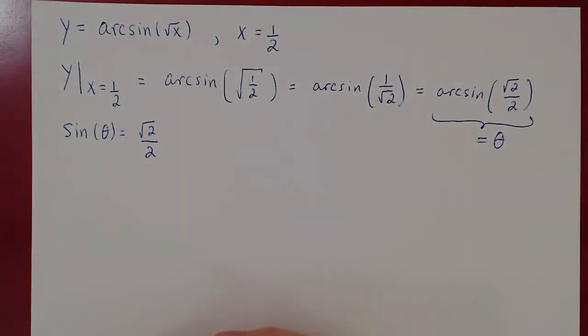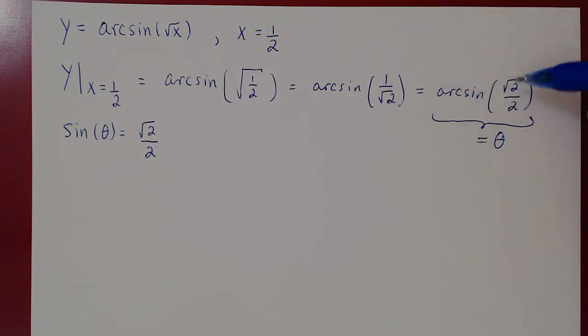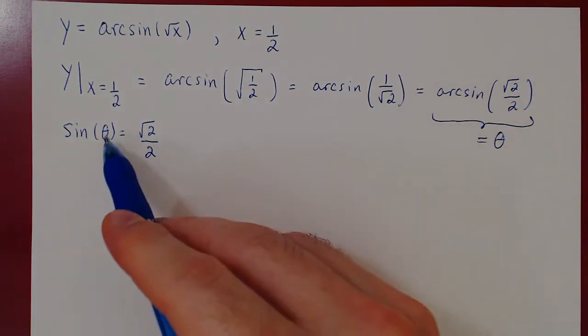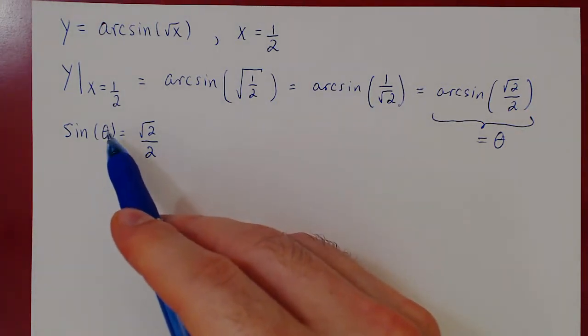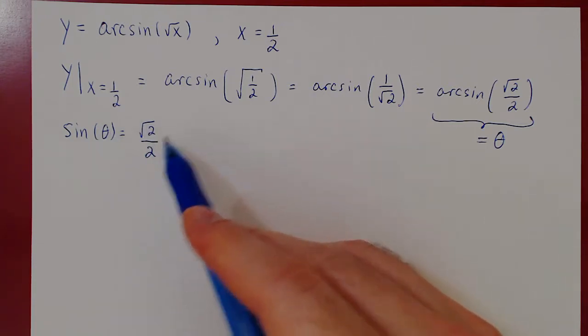And you see now we're asking the same question, but in a slightly different fashion. Here we're saying, what is arc sine of root 2 over 2? We call this theta, and here we're asking, okay, give me an angle, theta, at which sine of this angle is root 2 over 2.